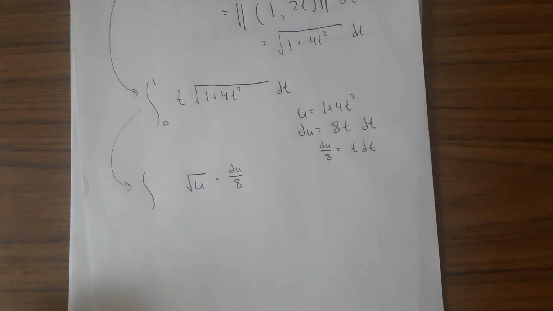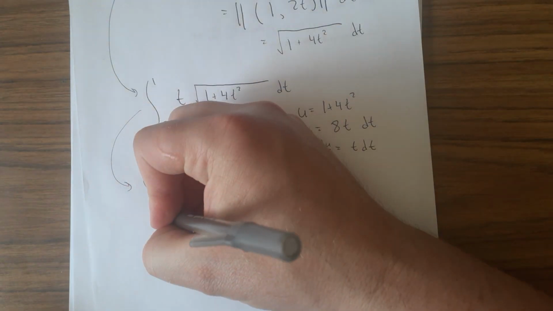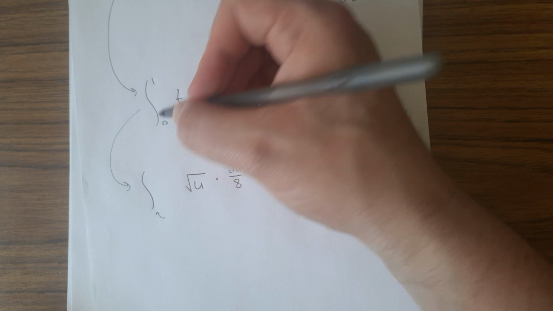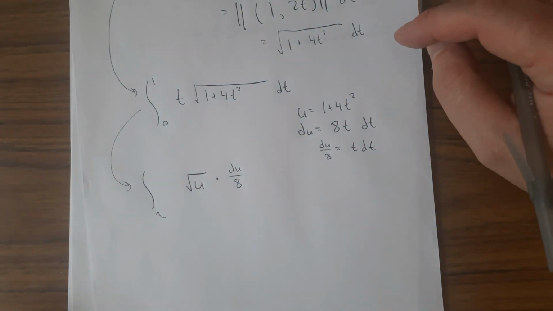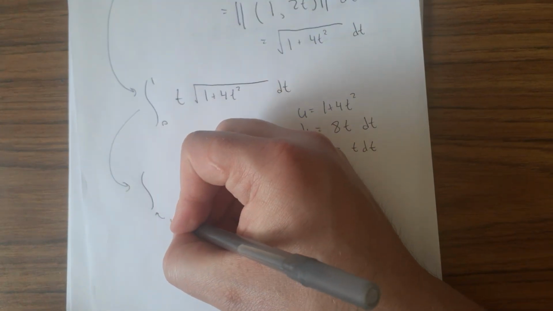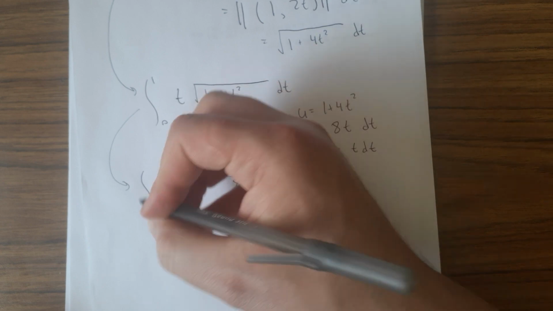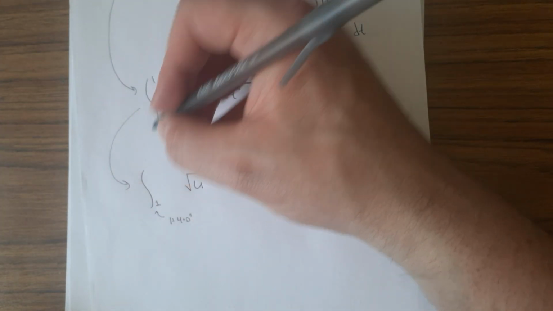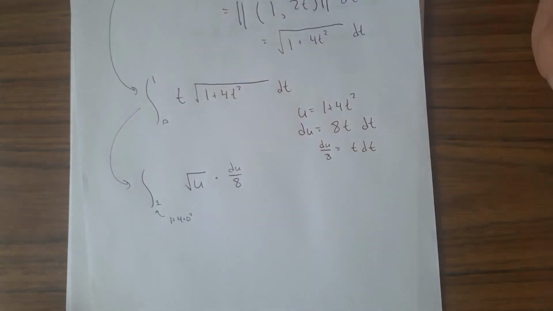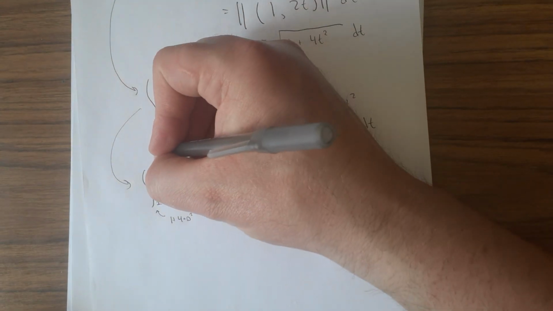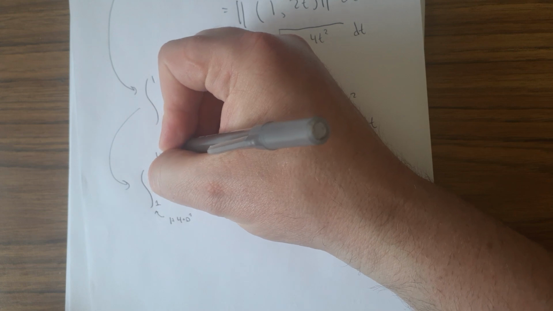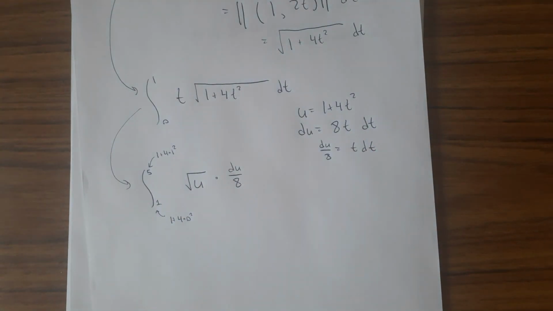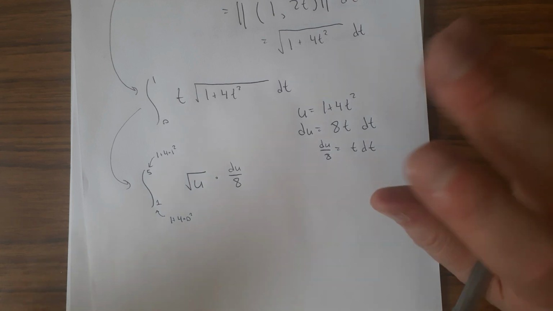I'm going to take this value of t and find the corresponding value of u, which would be 1 plus 4 times 0 squared, so that's just a 1. Likewise, what goes here is the value of u corresponding to 1, which is 1 plus 4 times 1 squared. So that's a 5. Okay.